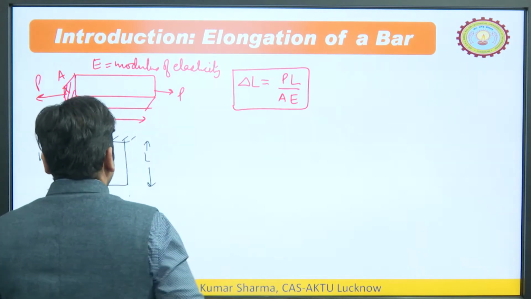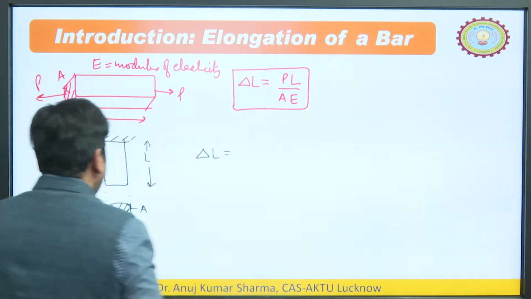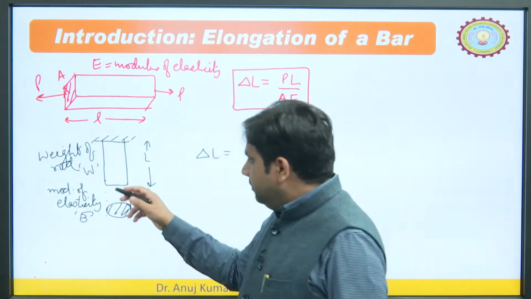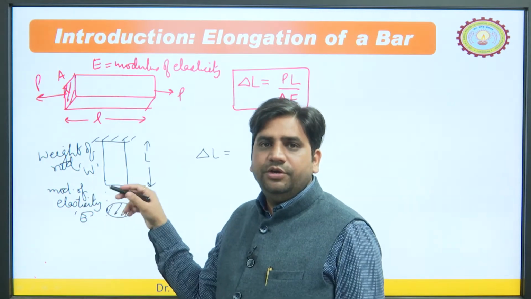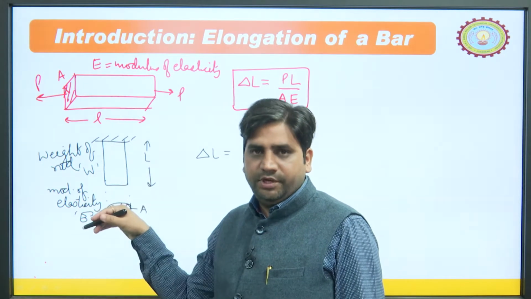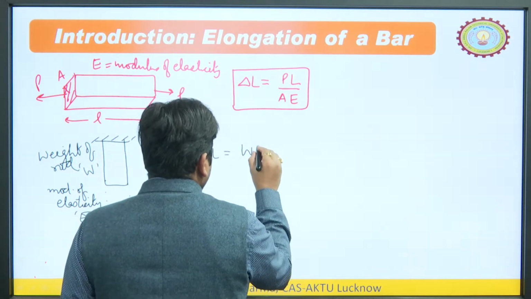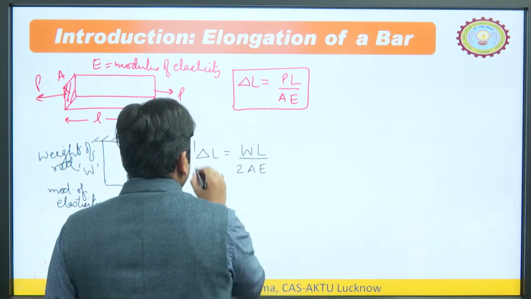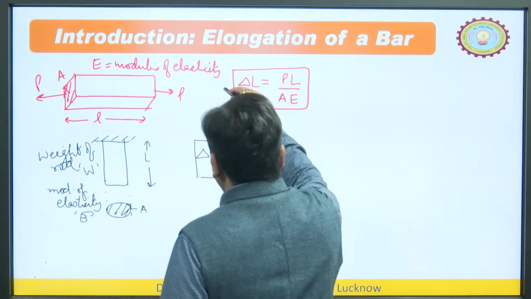So, the delta L in this case is due to its own gravity. We are not applying any external force here. So, what is responsible for the elongation of this rod? It would be elongated due to its own weight under gravity. For this we have the formula W L upon 2 A E. These formulae we should remember.